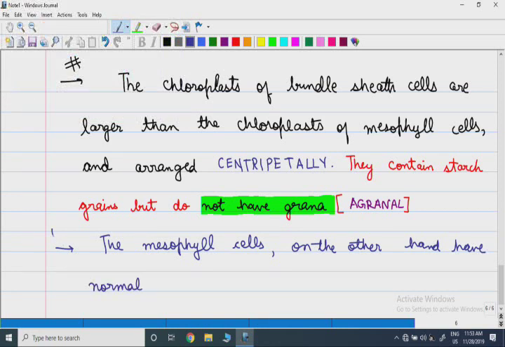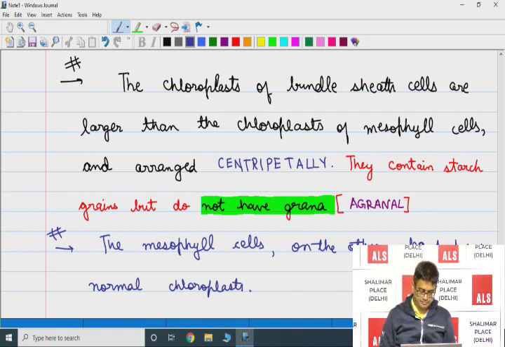What does this mean? Whatever structure you have seen in their chloroplast, grana, starch, all those things will be present. The mesophyll cells have the normal type of chloroplast, that means they contain grana, but the bundle sheath cells will not have this kind of thing.